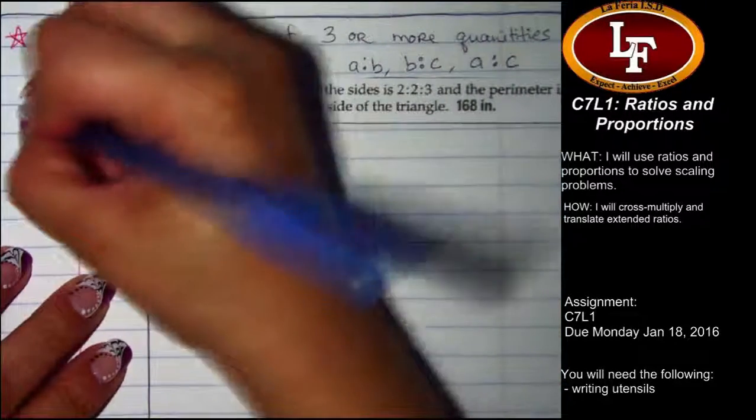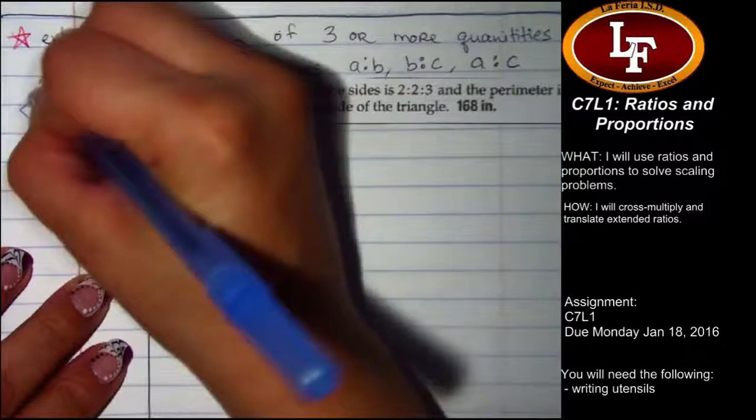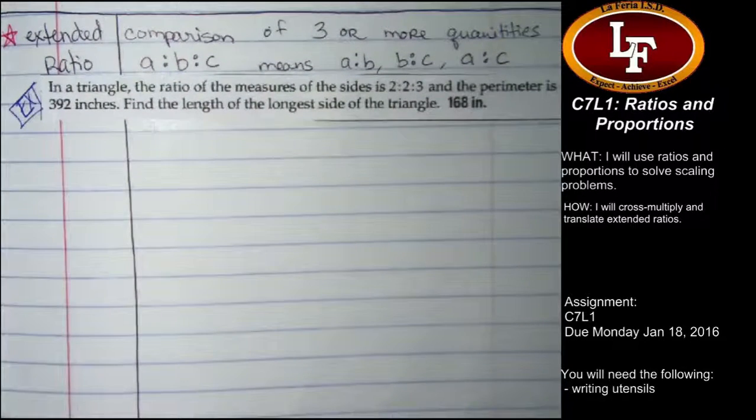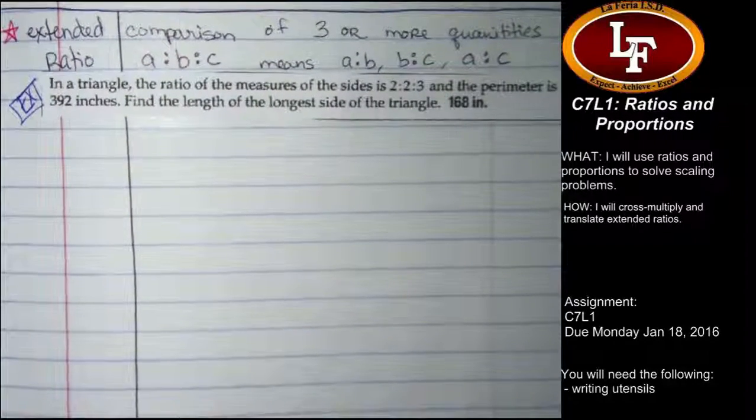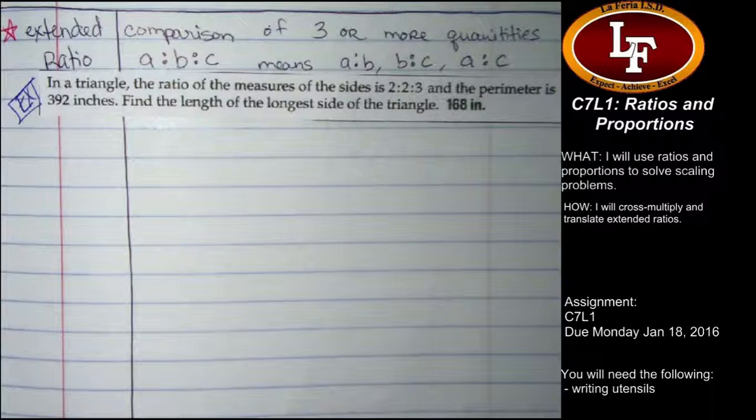And mark it that it is an example. It says that in some triangle, the ratio of the measures of the sides is 2 to 2 to 3, and that the perimeter is 392 inches.